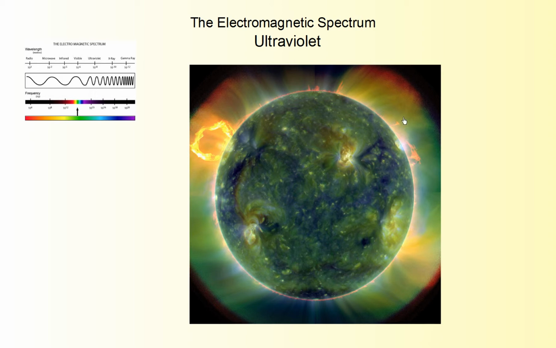So this picture, I believe, is a conglomerate of a bunch of different ultraviolet wavelengths all mixed together. One color is orange, one color is yellow, one color is blue or green, whatever, and they just stuck them all together, and you can see a lot of cool things like prominences and flares and all that good stuff.